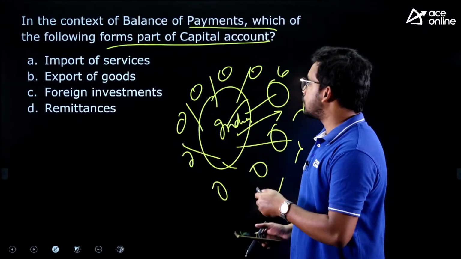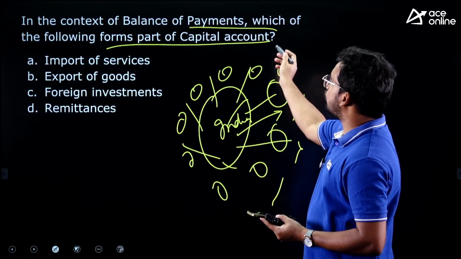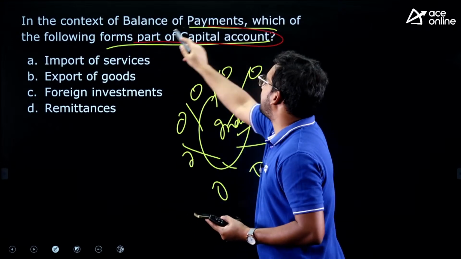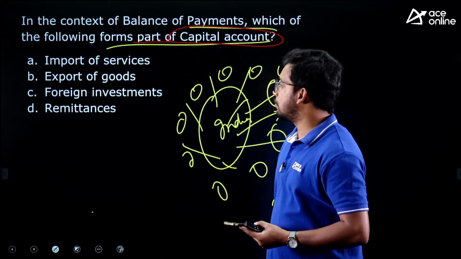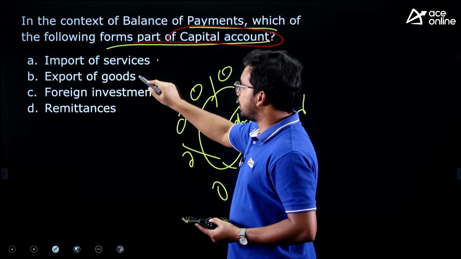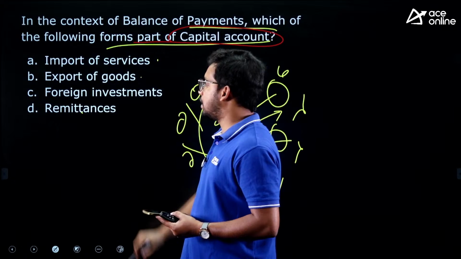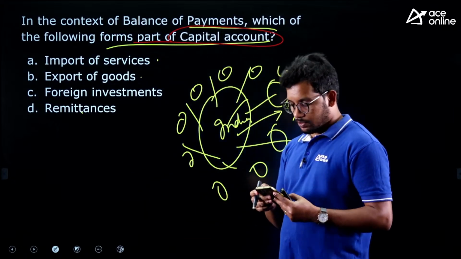Now the question is, in the context of balance of payments, which forms part of capital account. Capital account means a longer period, more than 1 year. The options are imports of services, exports of goods, foreign investments, remittances. So now answer this question.